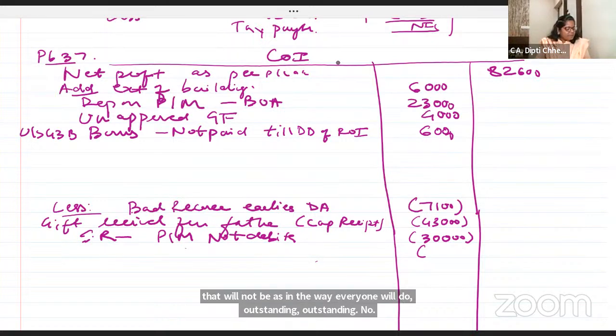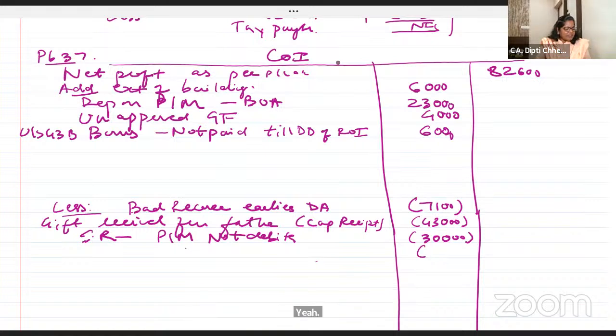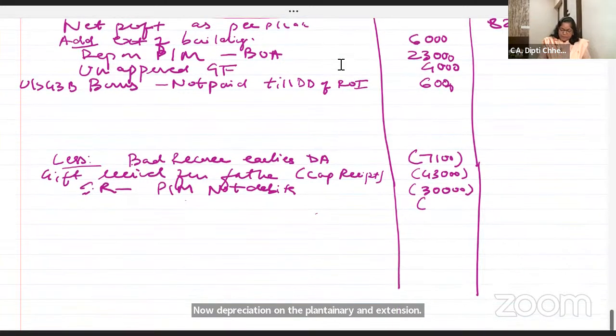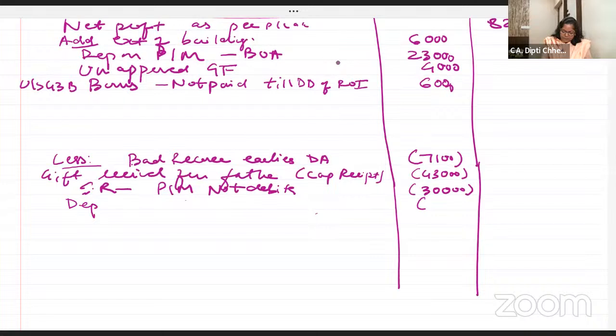Yeah. Now depreciation on the plant and machinery and extension. Depreciation as per plant and machinery, 19,000.